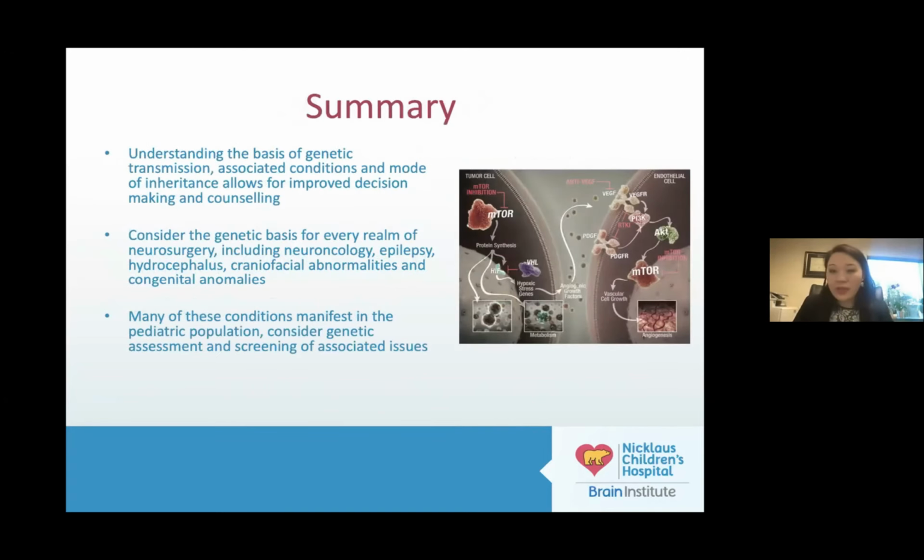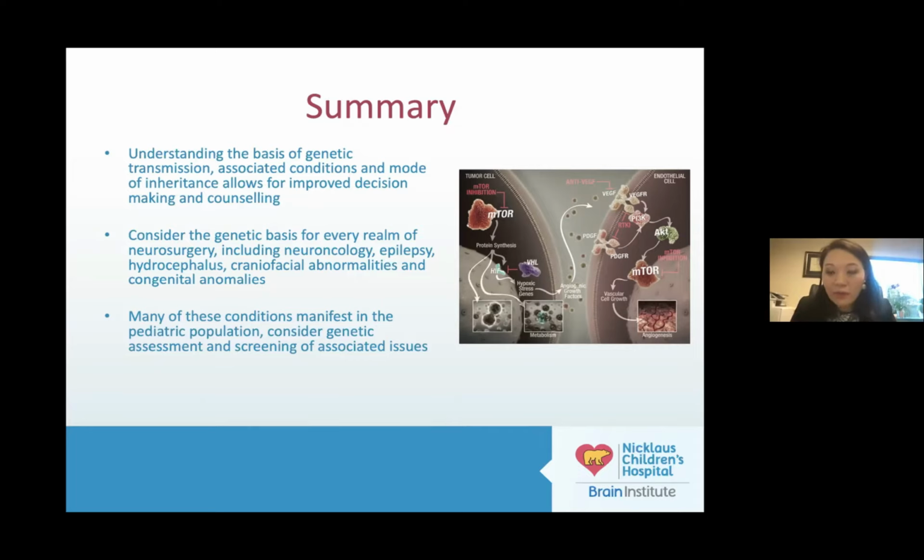So in summary, as we wrap up in the last 10 minutes of our talk, today I talked about really understanding the basis of genetic transmission, associated conditions, modes of inheritance for many different types of commonly seen pediatric neurosurgical conditions for neuro-oncology, epilepsy, cerebrovascular disorders, in addition to congenital pediatric neurosurgical abnormalities.